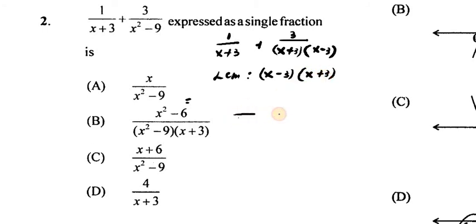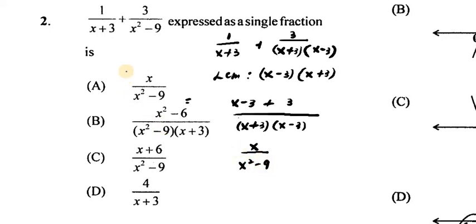So if I have that LCM here, which is x plus 3 by x minus 3, then the first term is going to be x minus 3, plus 3 over x plus 3 by x minus 3, which is simply 3. So I'll end up with x divided by x squared minus 9. My solution for that is E.